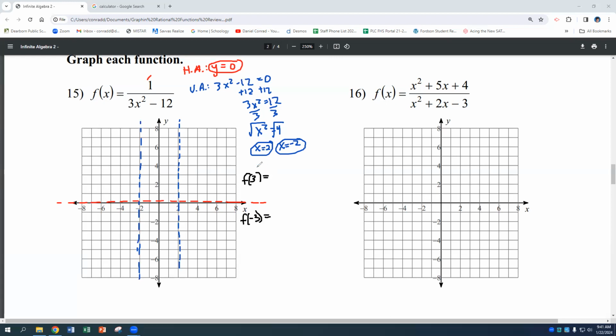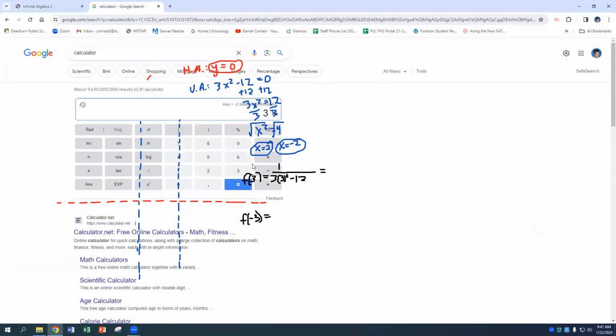Okay, so I'm going to do 1 divided by 3 times 3 squared minus 12. Okay, so if I need help with my calculator, that's going to be 3 times 3 squared minus 12, which is 15.